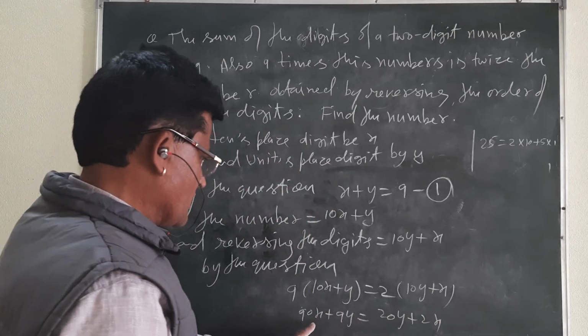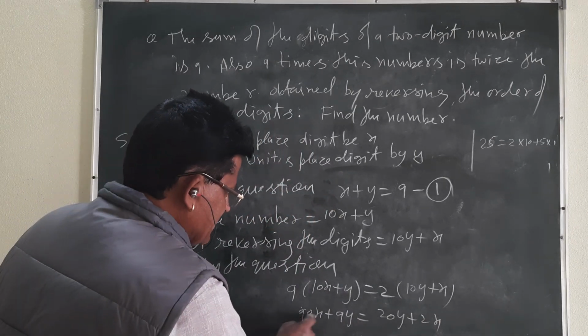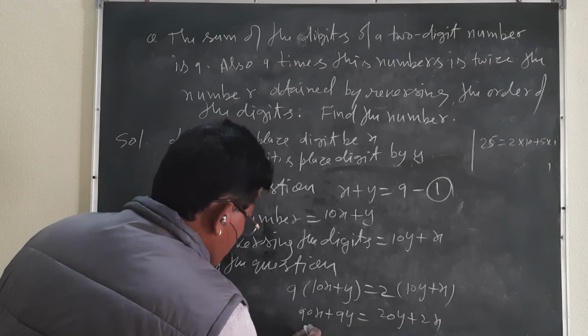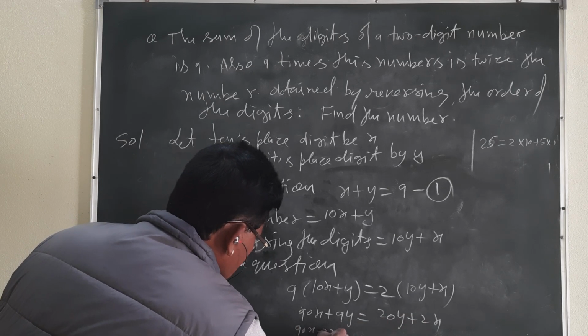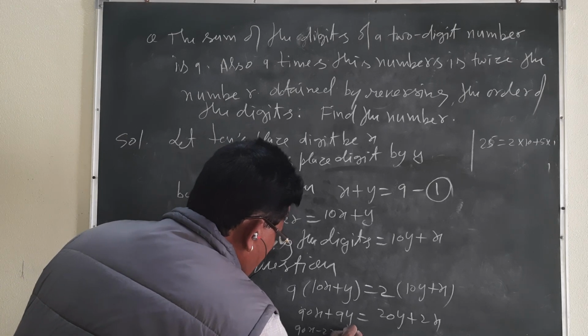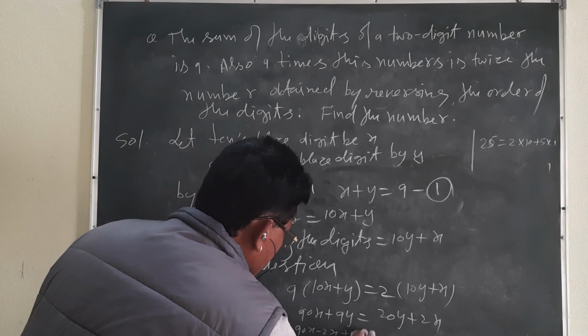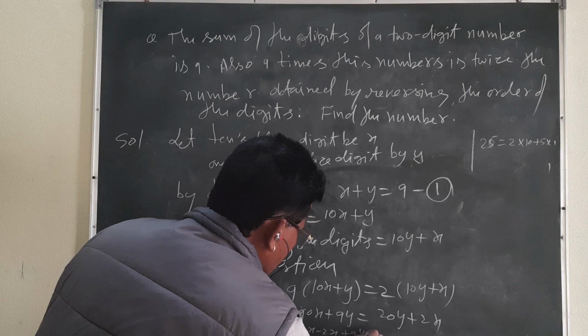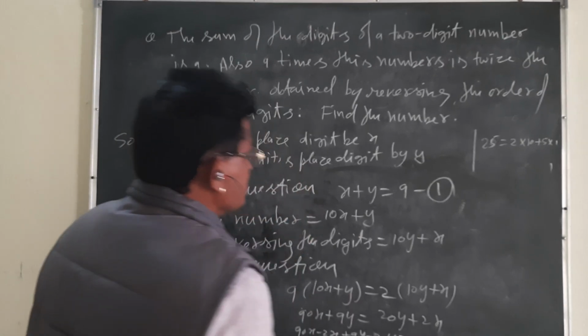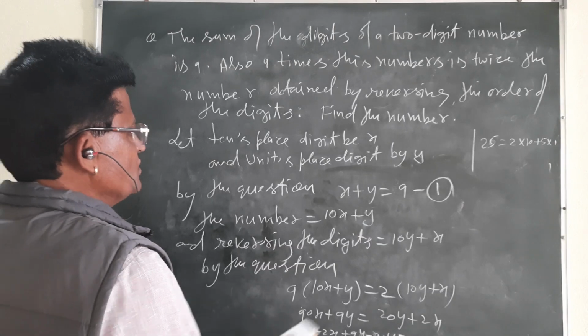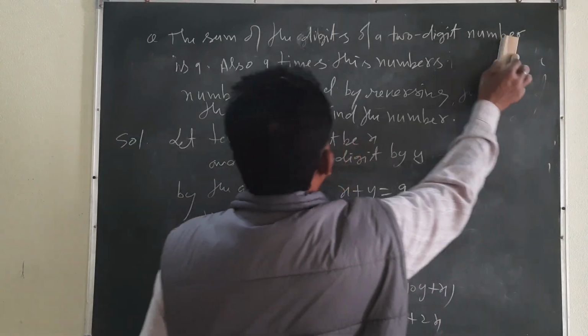Change sides. Here you see 90x minus 2x plus 9y minus 20y is equal to 0. Okay, let me remove this so that you can easily find out the solution of the question.